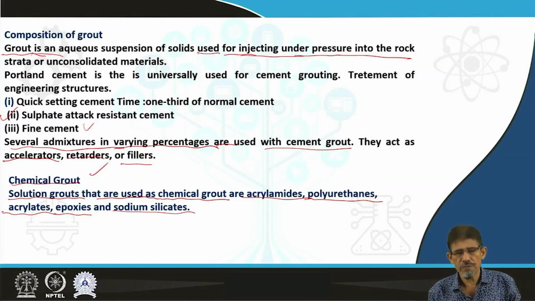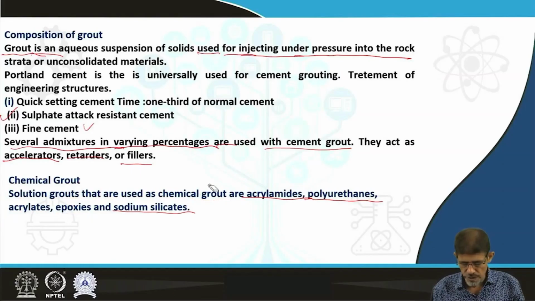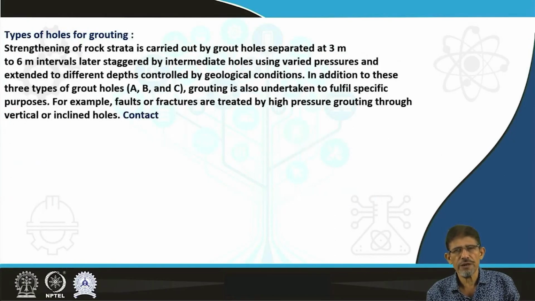In the form of solutions, we utilize these chemicals for chemical grouts where the Lugeon value of the strata is comparatively very low, to treat the narrow fractures or cracks present in the strata.